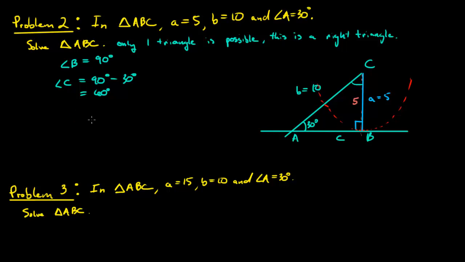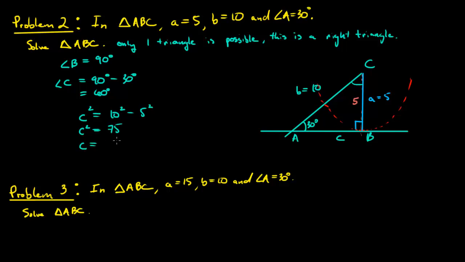Oh, sorry, this should be C squared. C squared is equal to 10 squared minus 5 squared because we're using the Pythagorean theorem. So C squared is equal to 100 minus 25, which is 75.